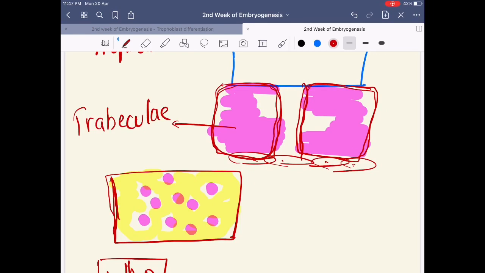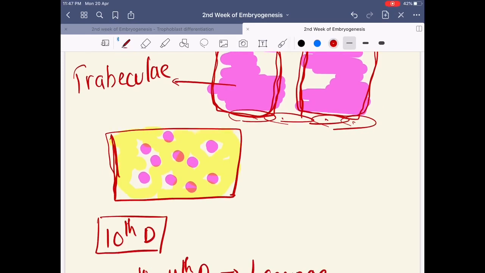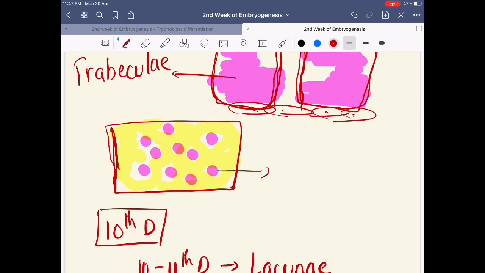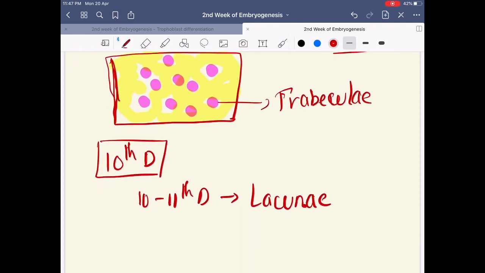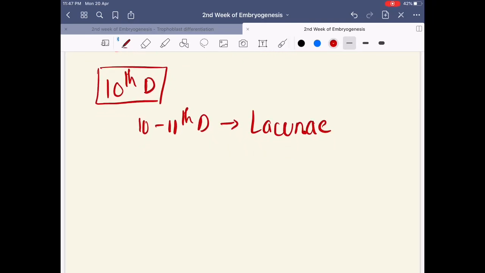These syncytiotrophoblasts are now forming trabeculae that are separated by your lacunae. Clear?